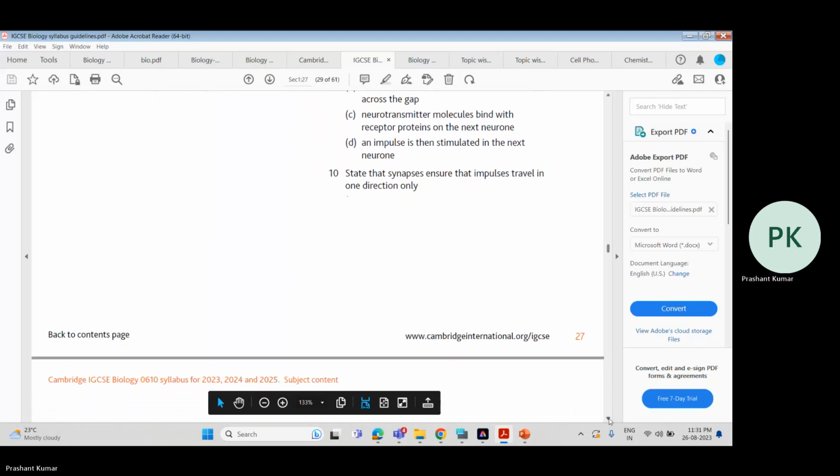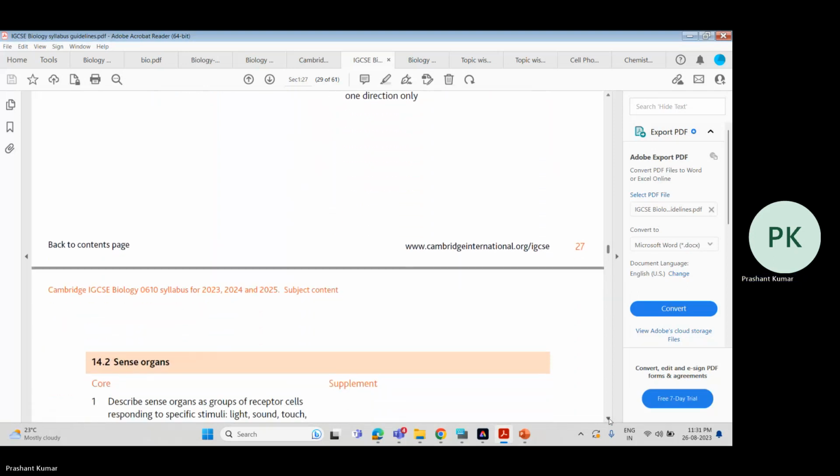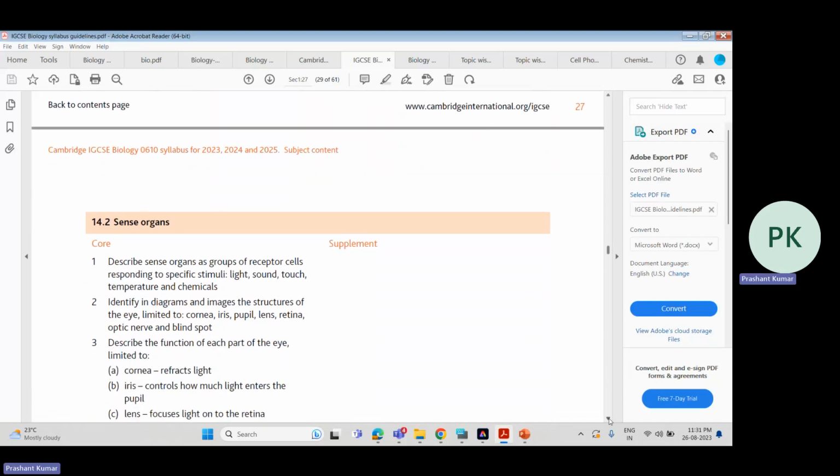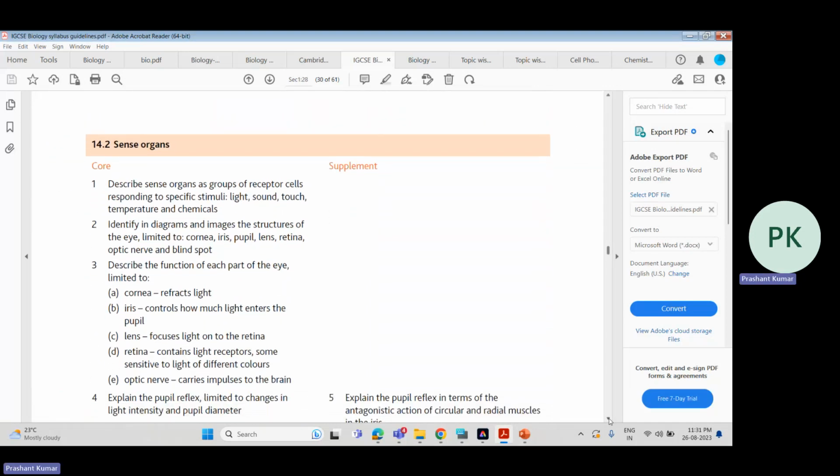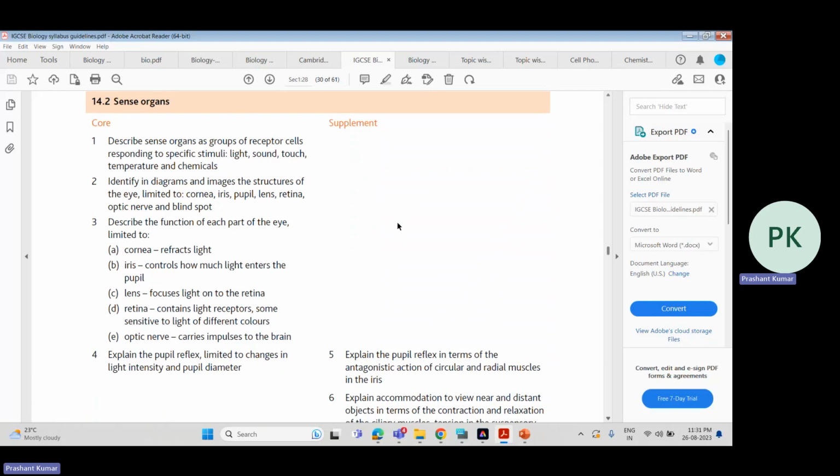Then we have 14.2, which is sense organs. In this, we'll discuss the receptor cells, such as the light receiving cells in your body, sound receiving, touch, temperature, and chemicals.